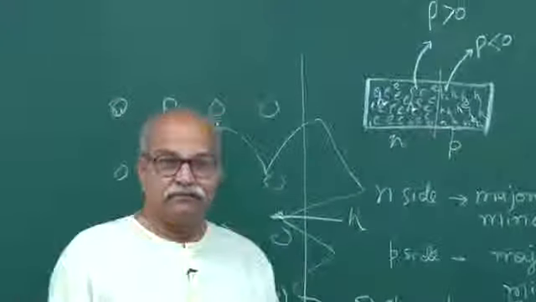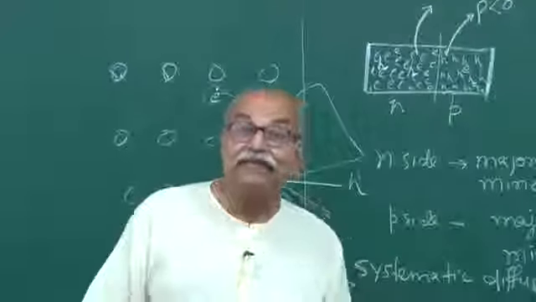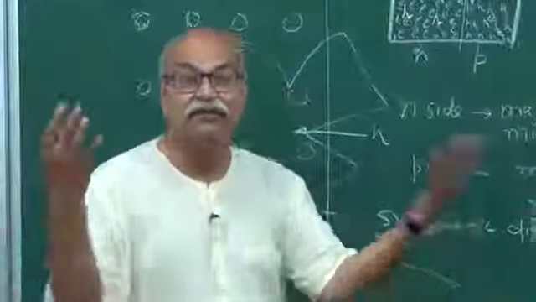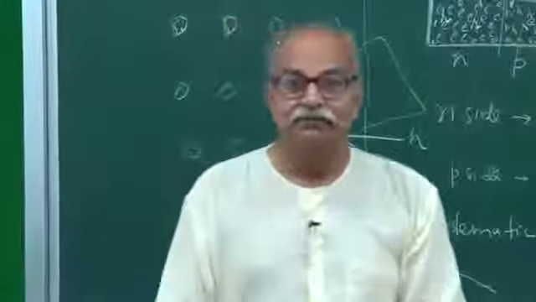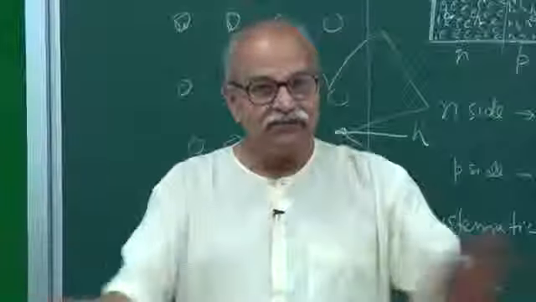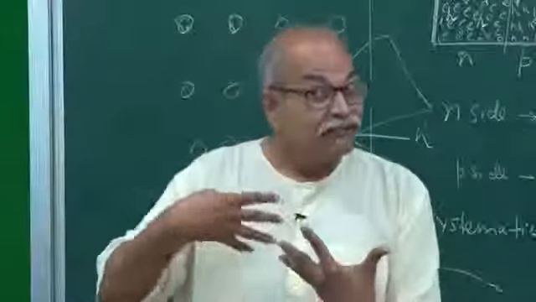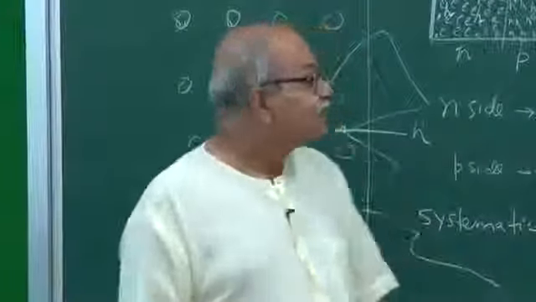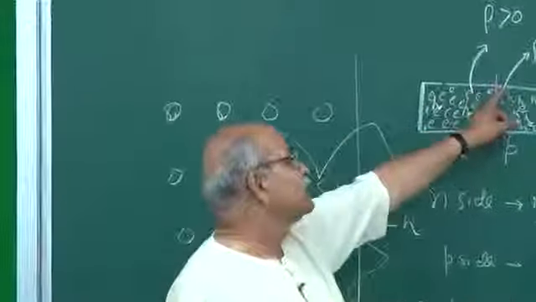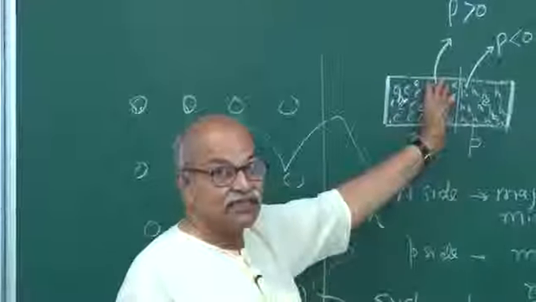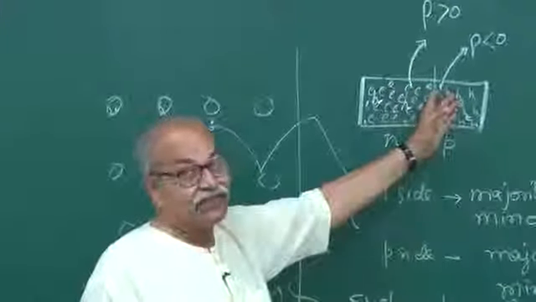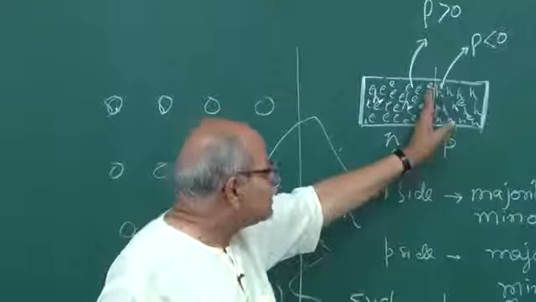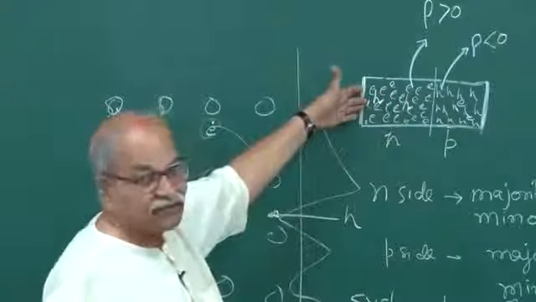So in an N-type or P-type semiconductor, if you just have one semiconductor, P-type, you do not have charge density. But if you make this p-n junction, then the charge density will appear. You will have positive charge density on one side, negative charge density on the other side. But this does not extend up to the end.